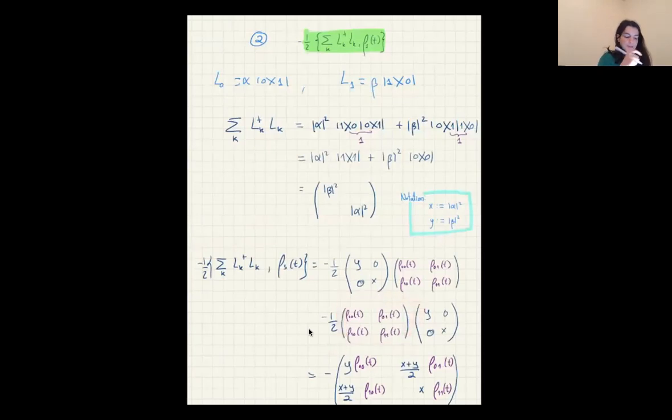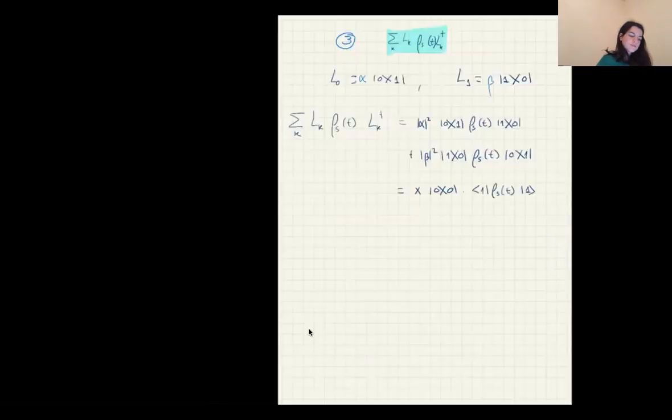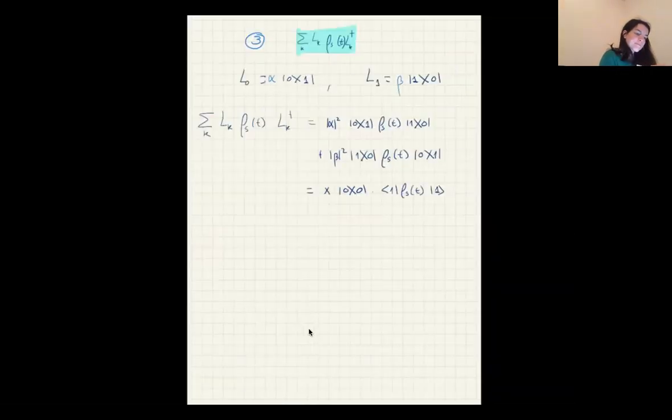If you pinch it with 1, 1, the only term that survives is this one here. So this is rho 1,1 of t. Plus y, 1, 1 times this number, which is not hard to guess. This is just rho 0,0 of t.